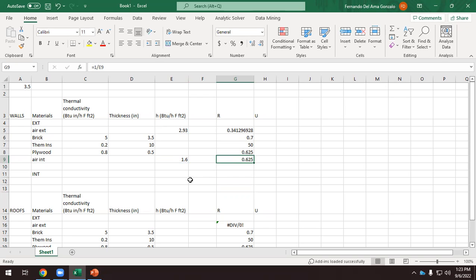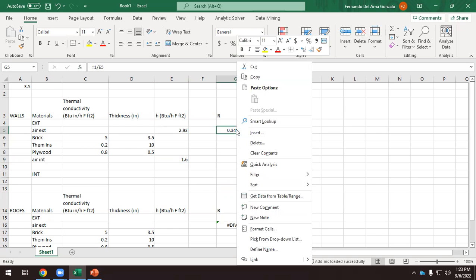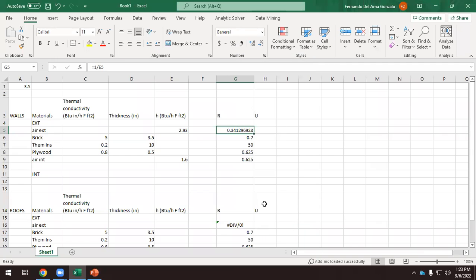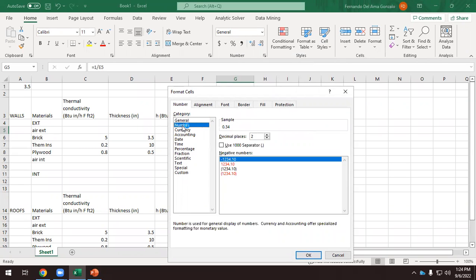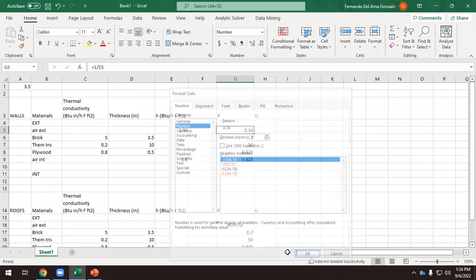We are architects, and the 7th decimal doesn't matter. Even the 3rd decimal doesn't matter. How can we do it? Because this is a non-professional Excel file, but if we right click here and we select format, here in number, we can select the decimal places. 2 is enough.